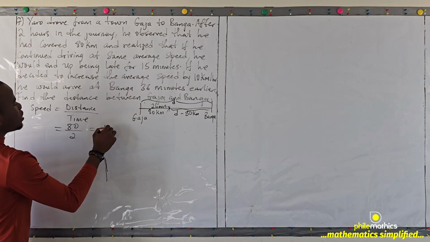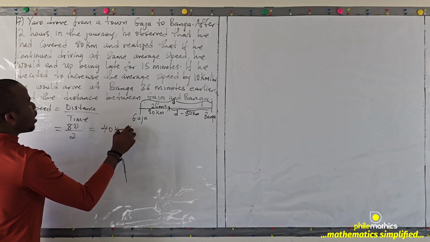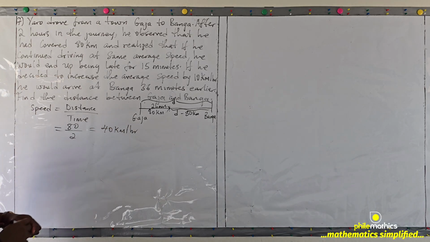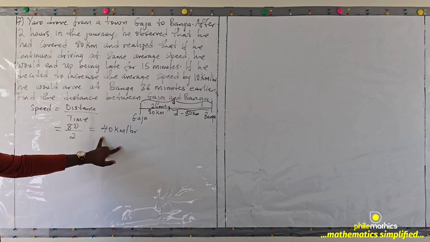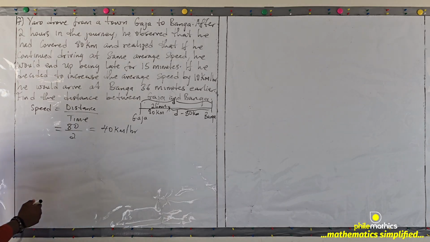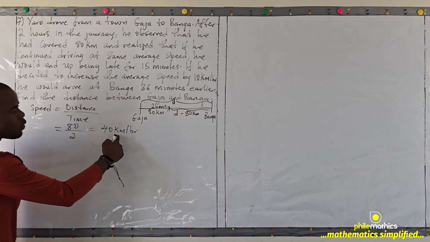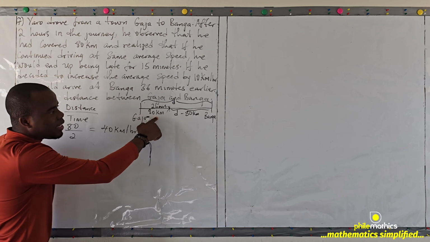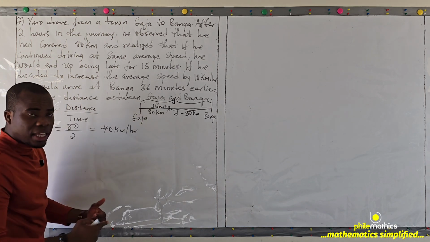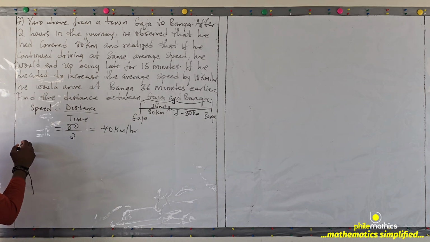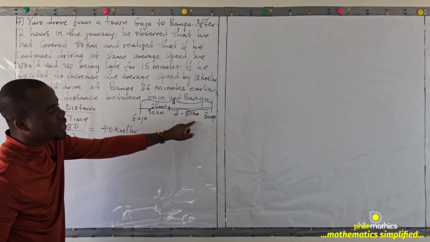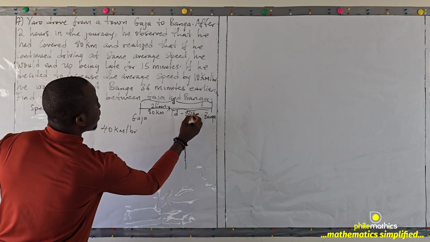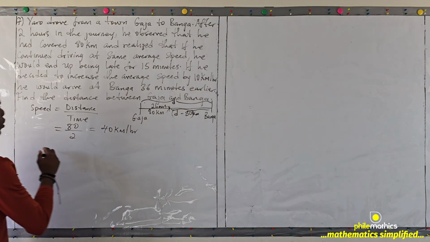This will be 40 kilometers per hour. So this was his initial speed, 40 kilometers per hour, and at this speed he has covered 80 kilometers. Note that the remaining distance to cover is D minus 80 kilometers.